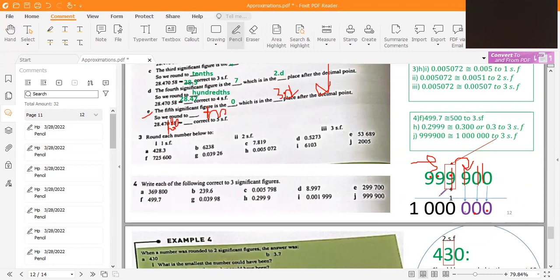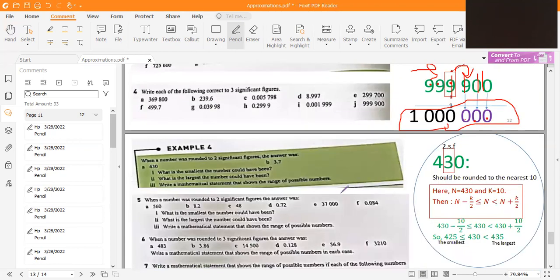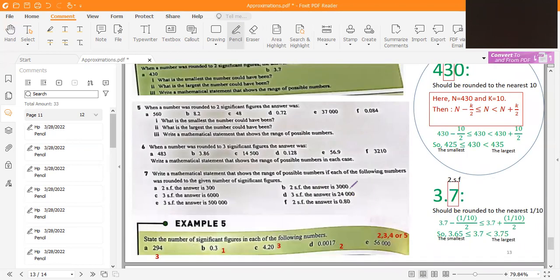We can use the calculator: 999 plus 1 is equal to 1000. So the correct rounding of 999,900 to 3 significant figures is 1 million. Okay, it's very easy, and we can find all the details in this PDF.